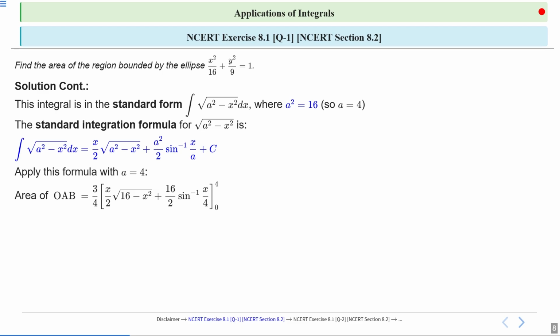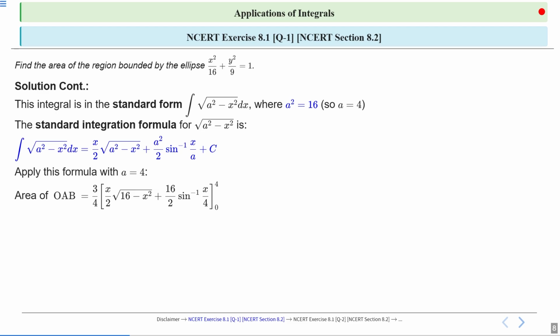As we know, to calculate the definite integral, at first we calculate the value of the antiderivative, and that value, x by 2 root under 16 minus x square plus 16 by 2 sine inverse x by 4, is the antiderivative. Antiderivative is nothing but the value of the indefinite integral without the constant of integration.